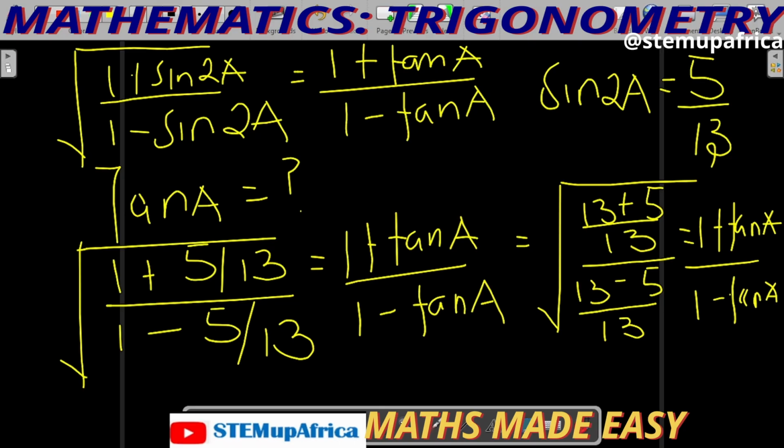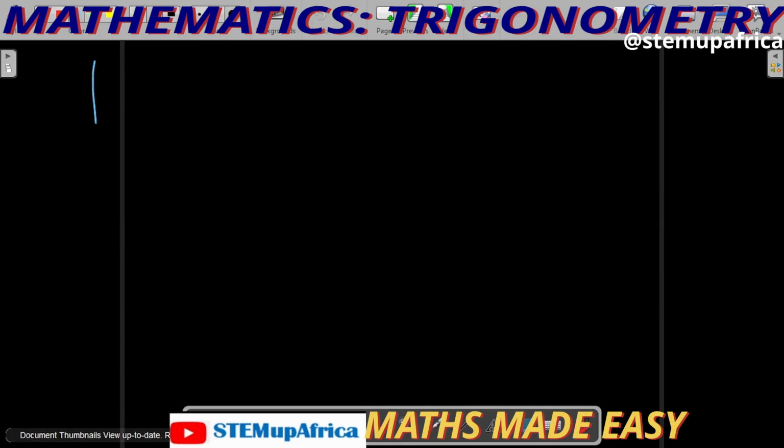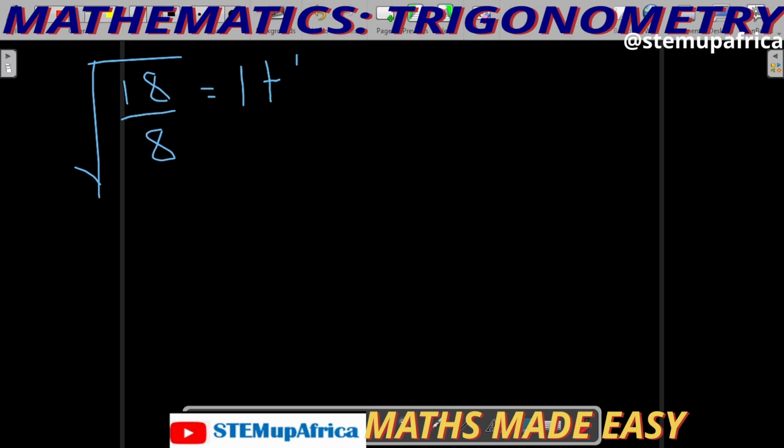So you agree with me, 13 can remove 13. What are we left with in the numerator? We are left with 18. In the denominator, we are left with 8. So I'm having the square root of 18 over 8 equals 1 plus tan A over 1 minus tan A. What do we do from here?